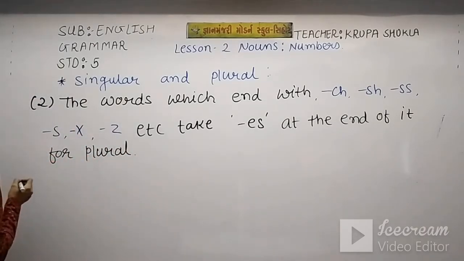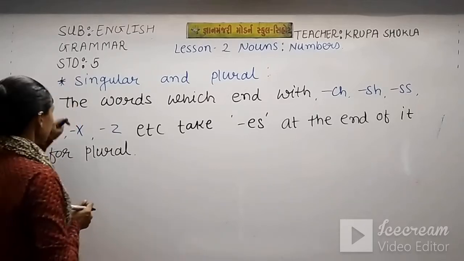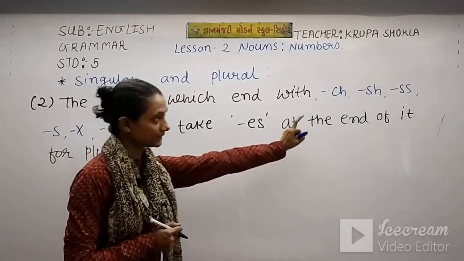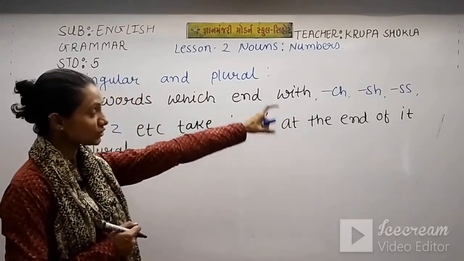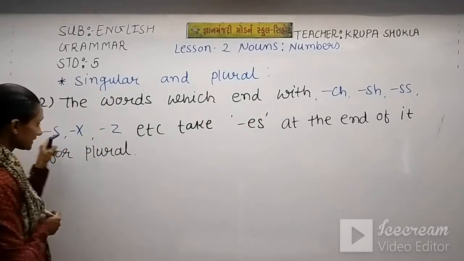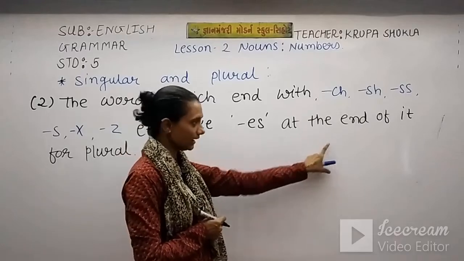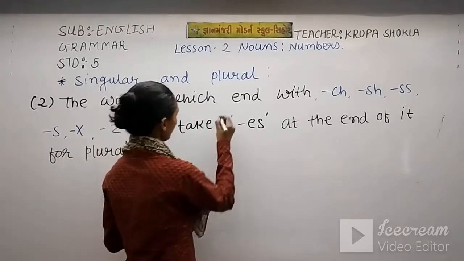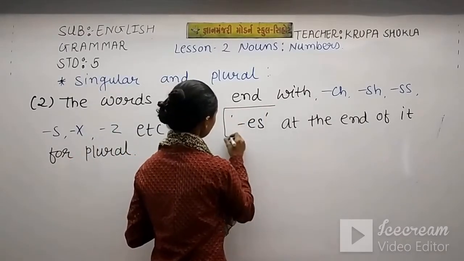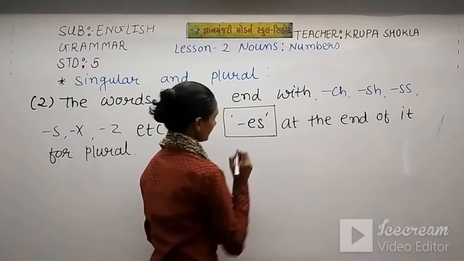So the second rule we got is the words which end with ch, sh, double s, s, x or z take es at the end of the plural form. Don't forget to remember this es.